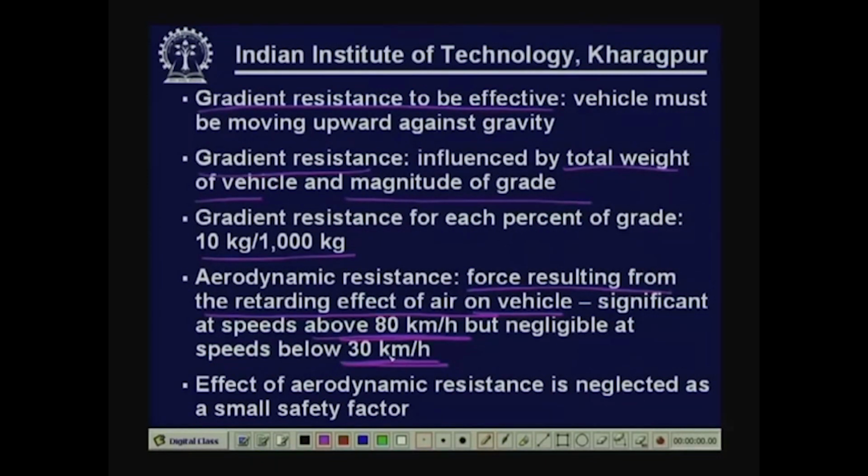So, it only becomes effective if the vehicle is moving at high speed. For the design of emergency escape ramps, this aerodynamic resistance is neglected. It just gives a cushion or factor of safety for the overall design.